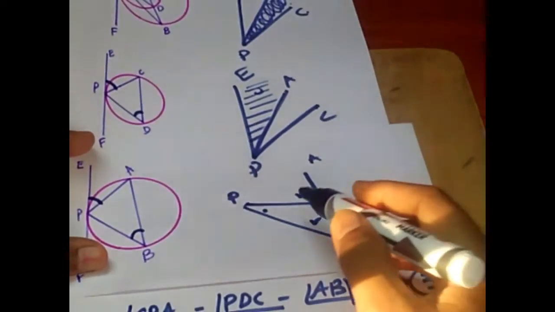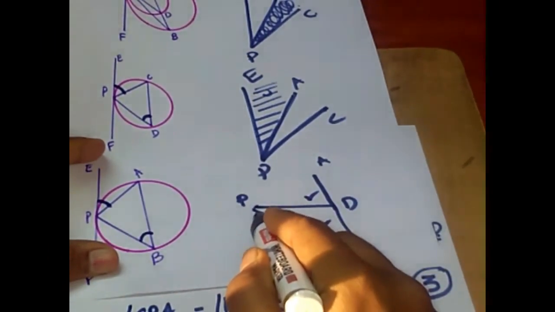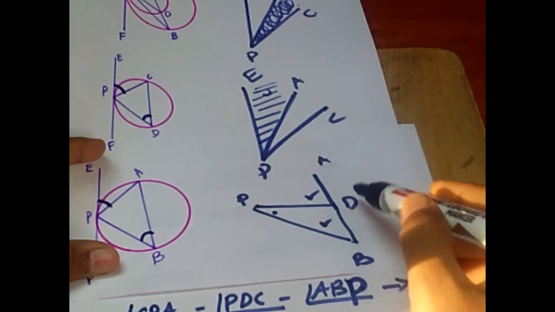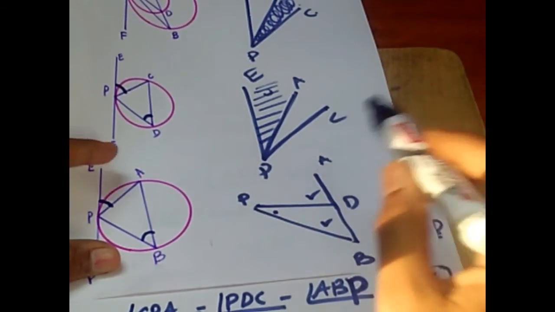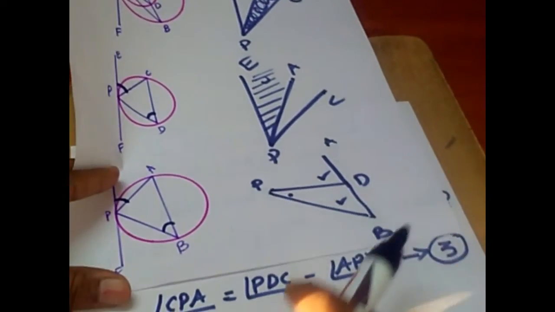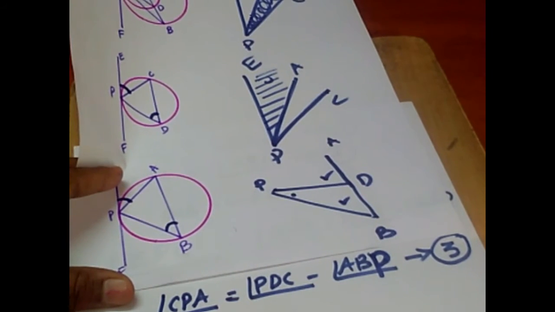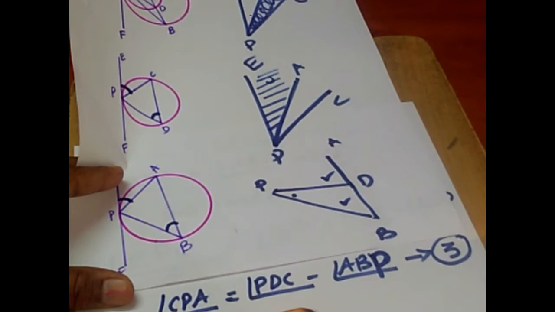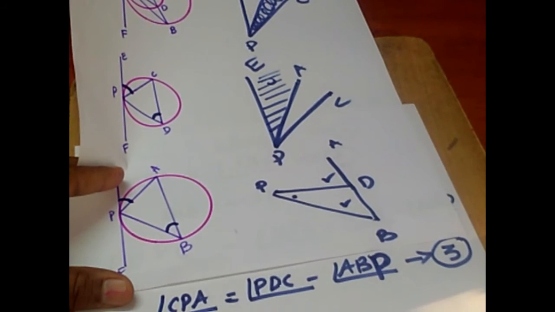Children, observe the diagram. Can you write this angle P in terms of these two? By observing this diagram, I hope you are able to. If not, follow me. In triangle BPD, angle PDA is equal to angle DPB plus angle PBD.